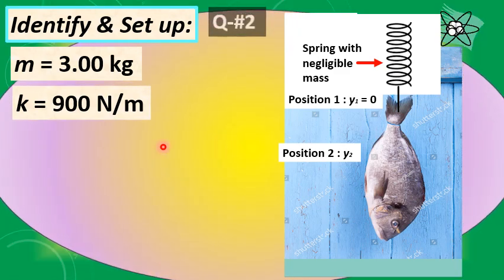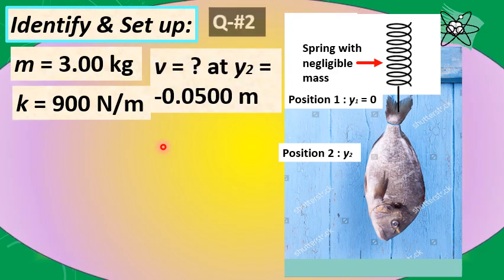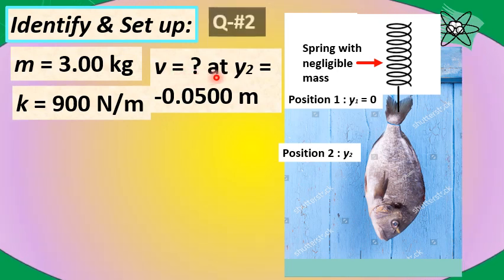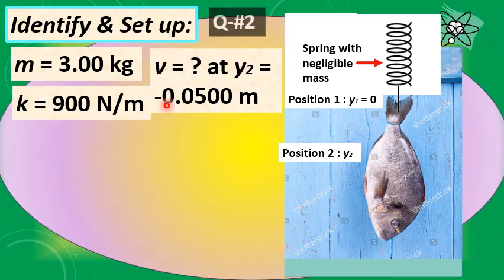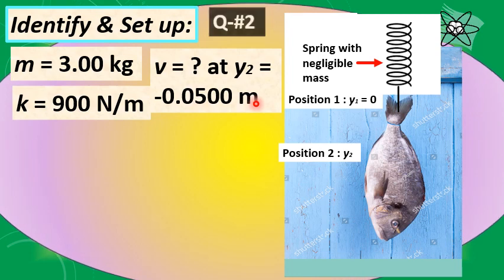So our target variables are the speed v of the fish when its displacement y is equal to negative 0.0500 meters.